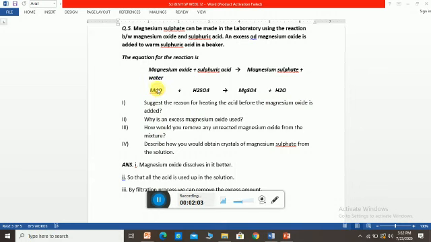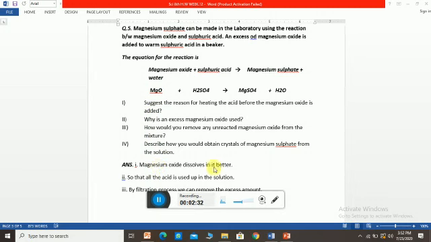For all those reactions, there were 4 steps we discussed in detail, and the first step was very simple, in which we heat them. The reason is, when we heat, we provide heat, we add magnesium oxide to warm sulfuric acid just to dissolve the magnesium oxide in a better way.